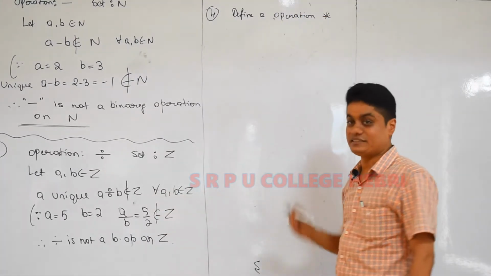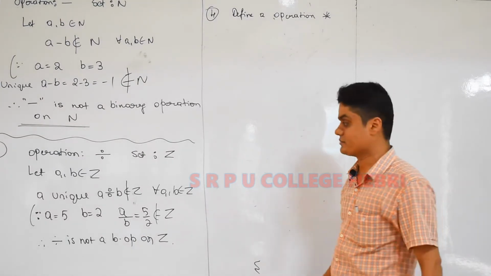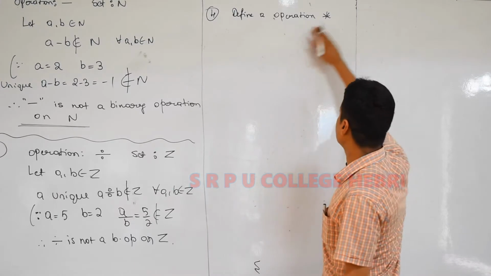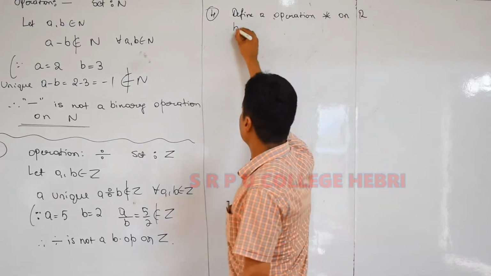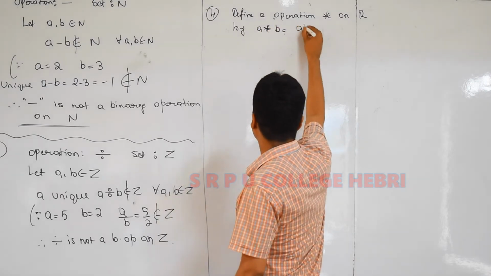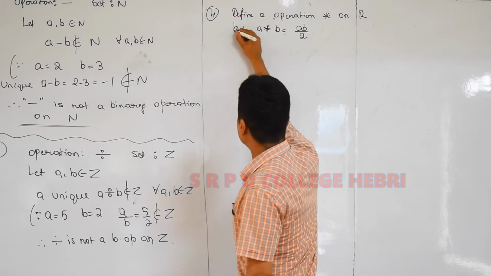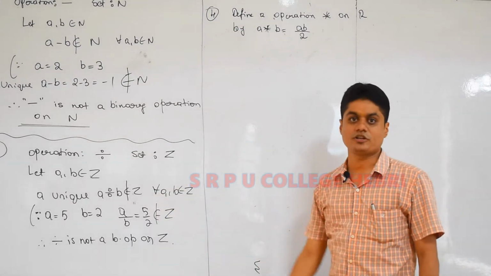The next example is different from the previous three. Here I am not just using addition, subtraction, multiplication. Observe carefully. Define a binary operation star on the real numbers by a star b equal to ab by 2. Now tell me whether this operation is a binary operation or not.